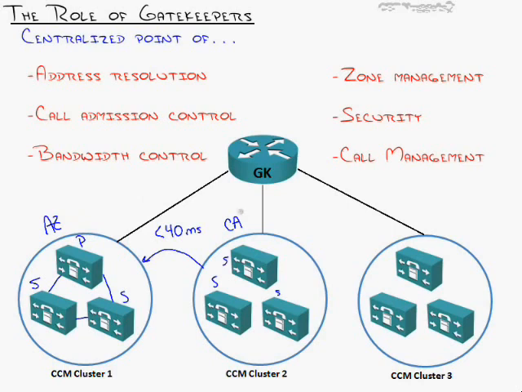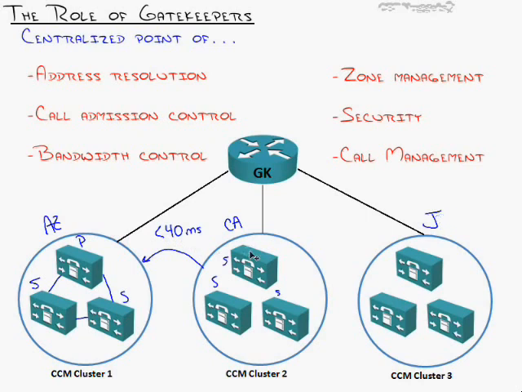Now, I chose Arizona and California because they're pretty close physically, a few hundred miles apart. So it's feasible that you could do a split cluster in these. But if you had Arizona and, for instance, Florida, New York, or let's throw Japan over here, it's impossible. You can't physically make it from Arizona to Japan in less than 40 milliseconds, one-way delay.